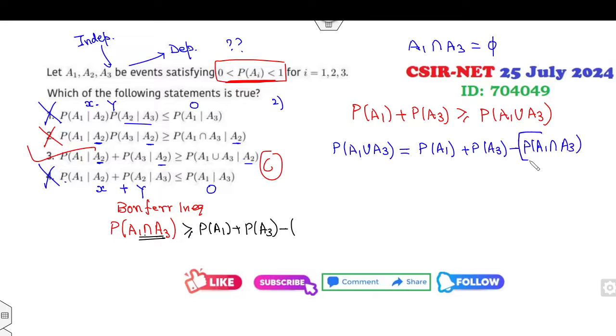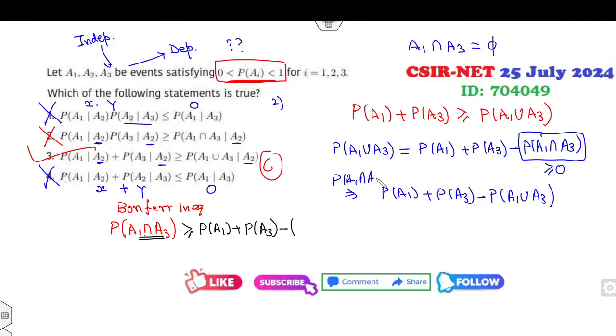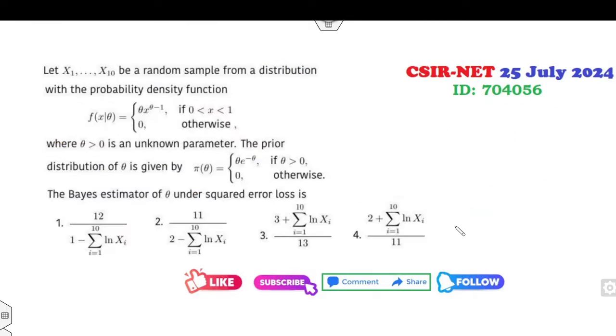Now, this P(A1 intersection A2) is always greater than 0. So what is the value of this P(A1)? If I consider this, it is A1 plus A3 minus A1 union A3. This is the answer of A1 intersection A3, and this number is greater than 0. Yes, this option is the final. And if you want to take a conditional probability, you can take it as a conditional as well. So C is my right answer.